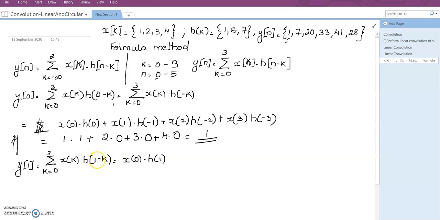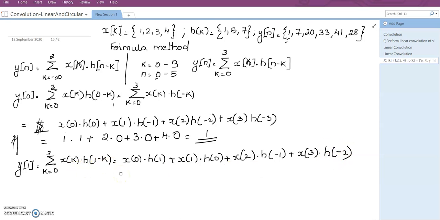When k is 0, this becomes 1 minus 0 equal to 1, plus x of 1 into, when k is 1, it becomes h of 0, plus x of 2 into, when k is 2, it becomes h of minus 1, and when it is becoming 3, it becomes x of 3 into h of minus 2.